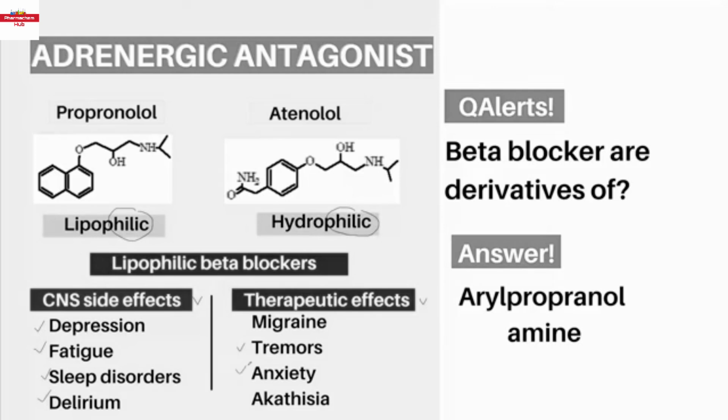Often you hear about something called stage fear. That is exactly anxiety, so propranolol is also used for stage fear, which is a type of anxiety. It is also used for restlessness, which has another name, akathisia. So this is exactly what a lipophilic beta blocker does.